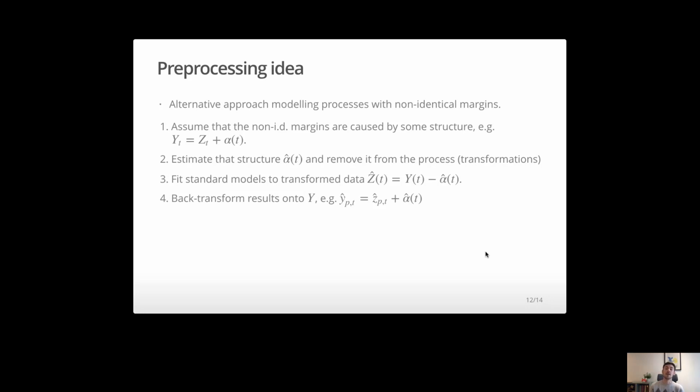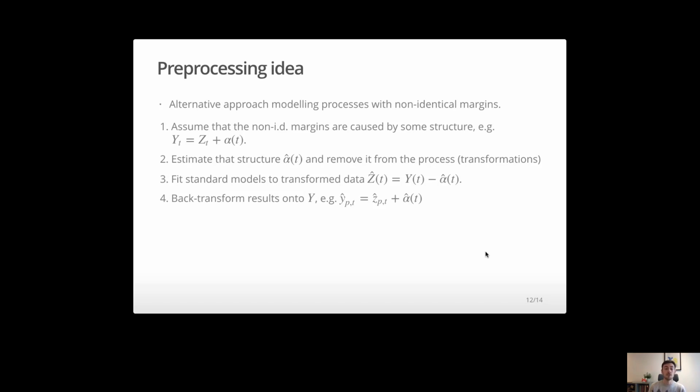Once we've done that, we can then back transform our results about z hat of t onto the original y scale. So for example, if we'd estimated a conditional return level, z hat pt, and we wanted to translate that onto the y scale, we'd simply have to add on our estimated mean trend at time t.